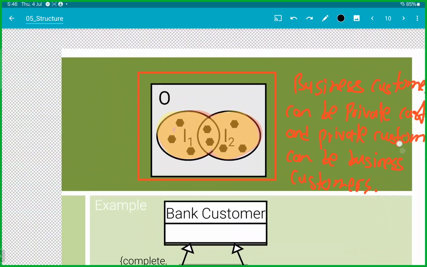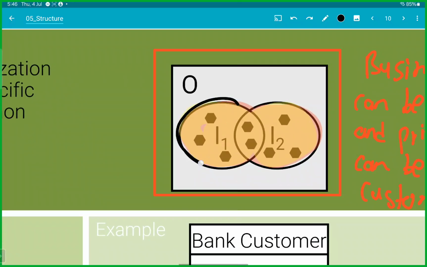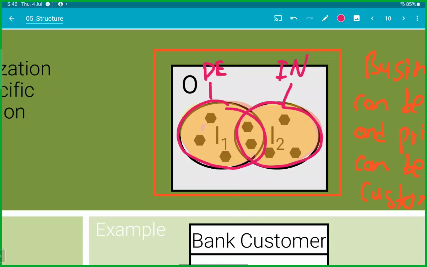So a simpler analogy would be, we would say the people inside the left subclass are German students or German citizens. They have German passports, and the people on the right side are Indian students with Indian passports. And in between, we have people who have dual passports, and they are both Indian and German citizens.